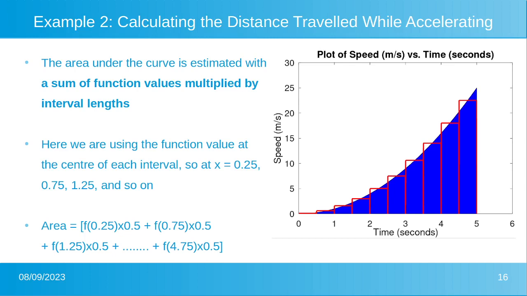So we can calculate our area as our function value f of x, where x is equal to 0.25, so f of 0.25 multiplied by our interval width 0.5, plus our function value for our second rectangle, which is f of 0.75 multiplied by our interval length 0.5, and so on for each interval, all the way up to our last one, where x is 4.75, so f of 4.75 multiplied by 0.5, our interval length.